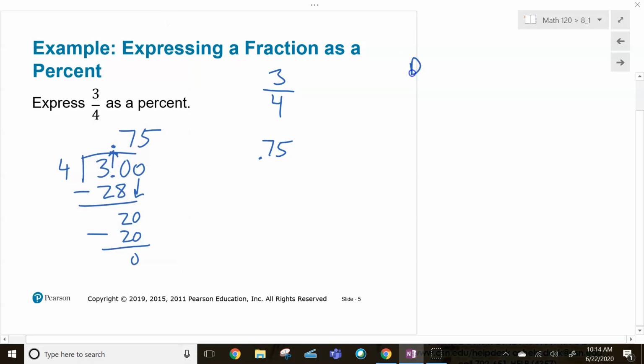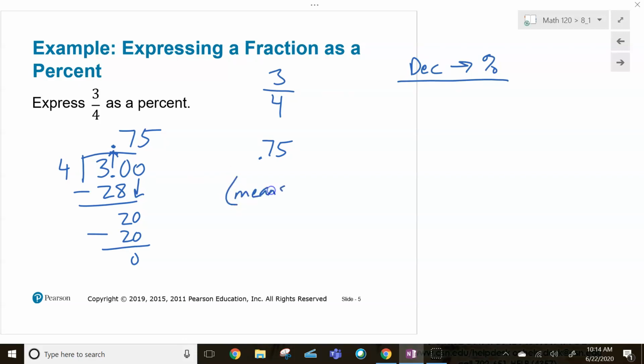Now, if we're going from a decimal to a percent, this 0.75, what you're going to do is move it right 2 places, because what this means is 75 hundredths. It's in the hundredths position, 75 hundredths. So that's a percent, 75 per 100, 75%.